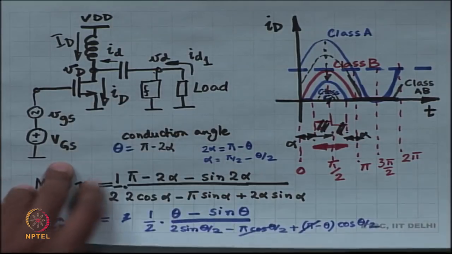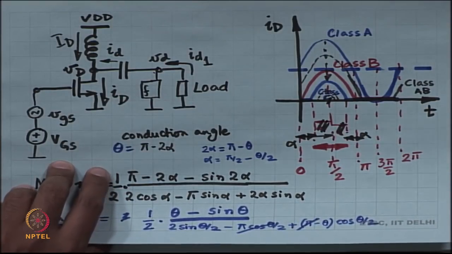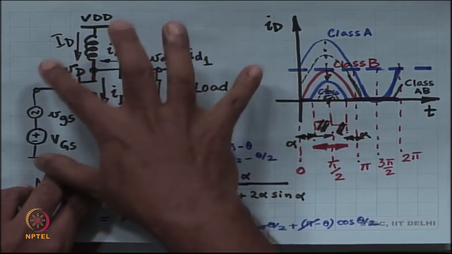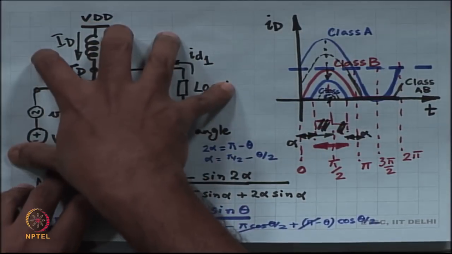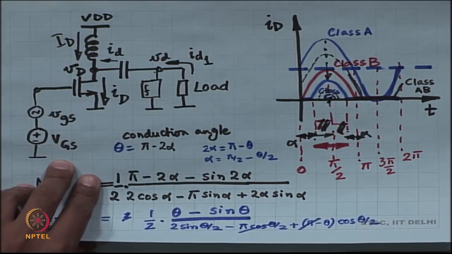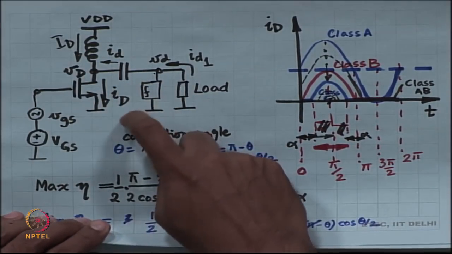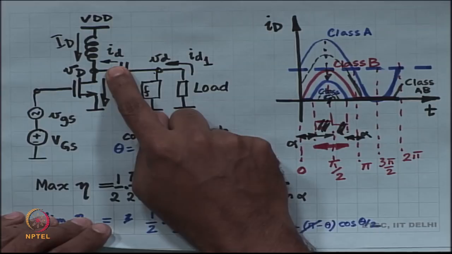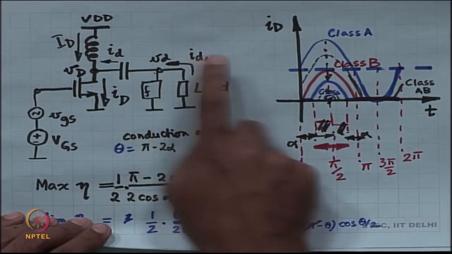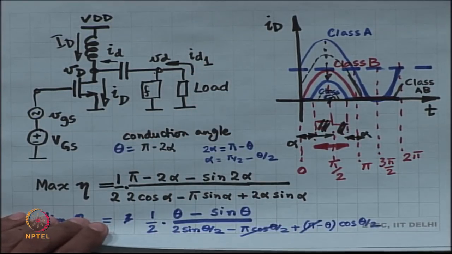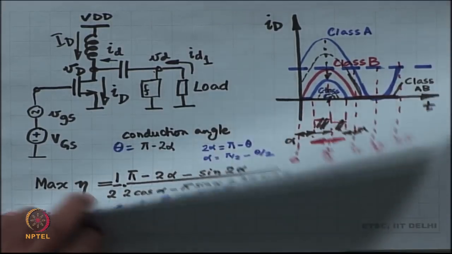You make the MOSFET big in case of a class D, E, F amplifier, right. But otherwise the basic circuit is the same. The idea is how to split up the current waveform, the voltage waveform, how to take out the fundamental, that is where everything is.